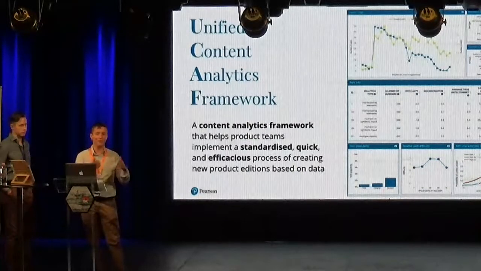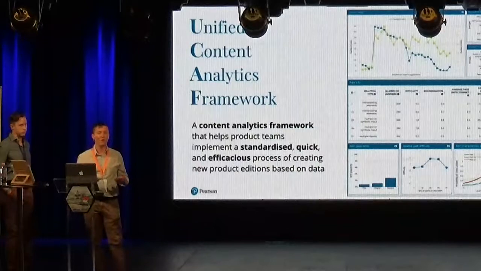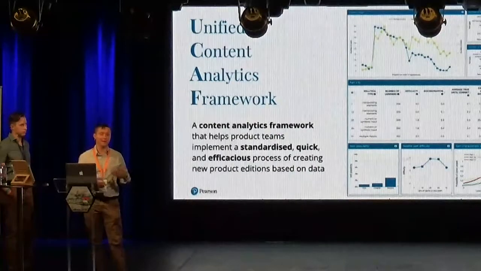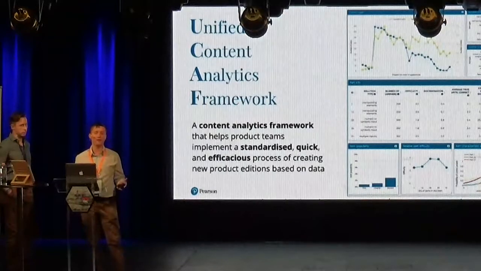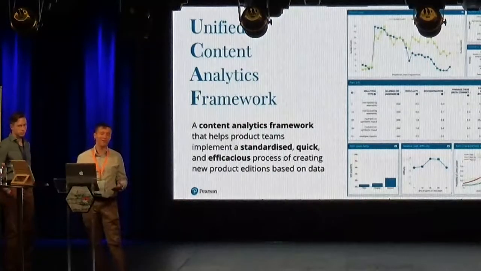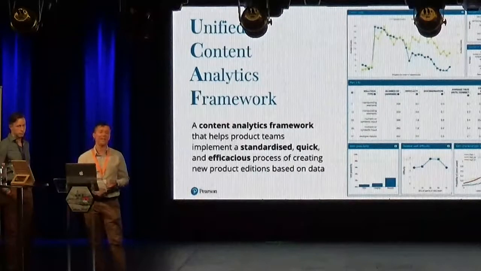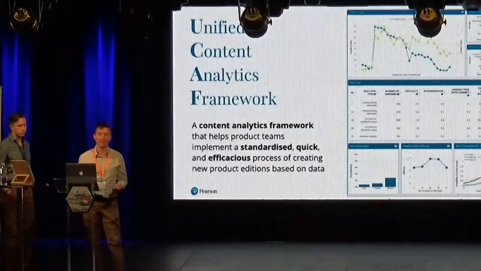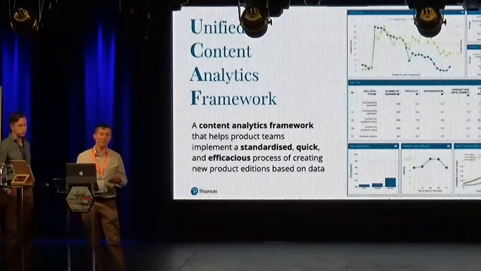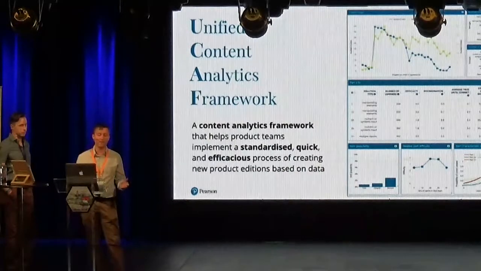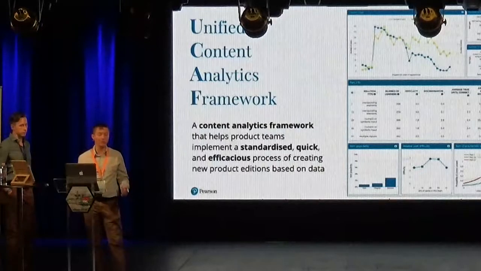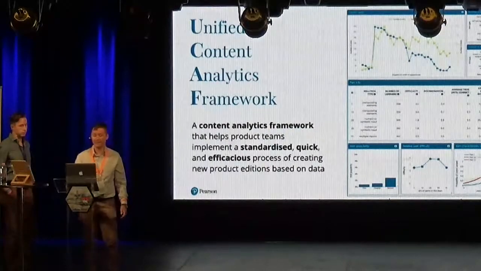There are some new editions of the books. We are making our content better and better, and this is a framework to be able to do that quickly, efficiently, and in a standardized manner, because before this project various teams did this a bit differently, so this was not standardized, and sometimes there was some room to make it even more efficacious.